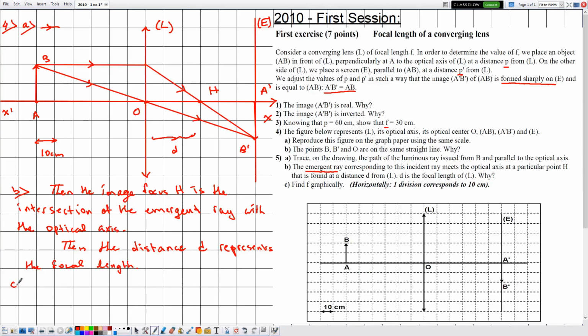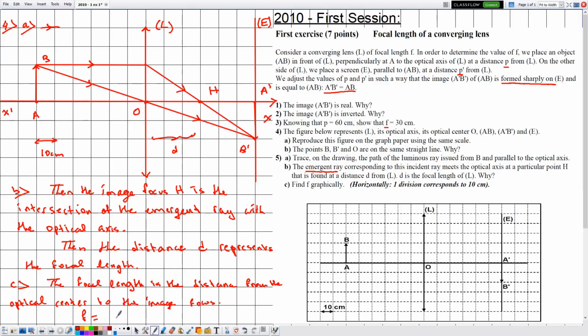And now in part C, they are telling me to find f graphically. So the focal length is also denoted by f. Graphically means referring to its definition, which is given by: the focal length is the distance from the optical center to the image focus.